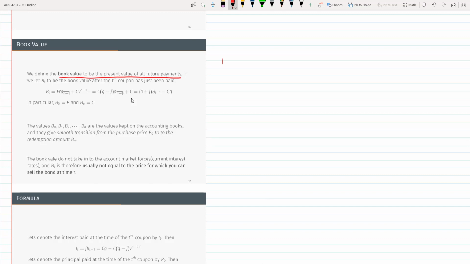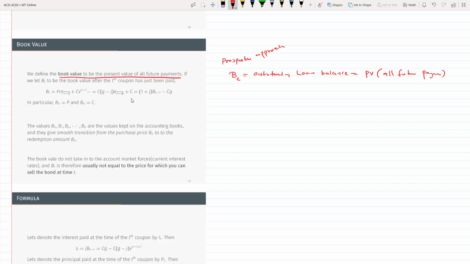If you remember the prospective approach, there the book value, or the outstanding loan balance, we define as the present value of all future payments.